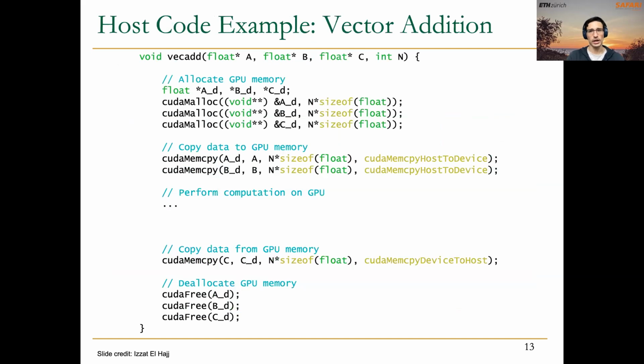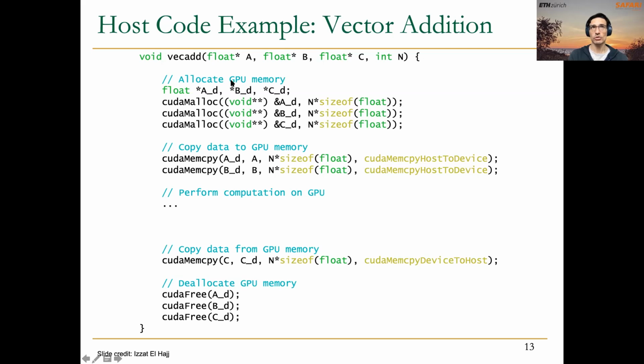Remember that we also explained this code for the vector addition. This is the host code. This vecAdd function is called by the main function executed on the host CPU. We assume that in this main function, we have previously allocated arrays A, B, and C in the CPU memory, the main memory of the system, and the main function calls this vecAdd function.